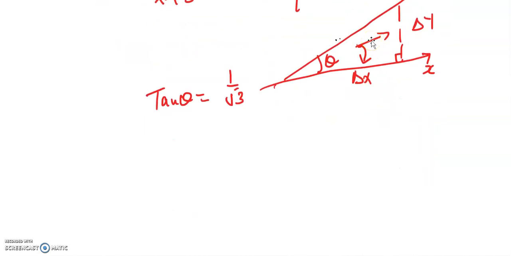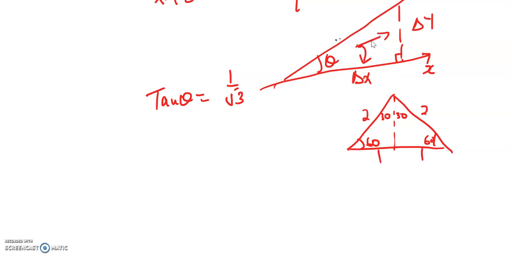So in this case, a student can use special angles to find this angle. Remember this can be 60, this can be 60, this can be 30 degrees, 30 degrees. This is an equilateral triangle. So give both sides 2 units. So this will be 1 unit, 1 unit. We can get the height.